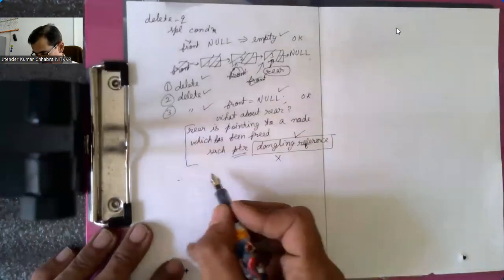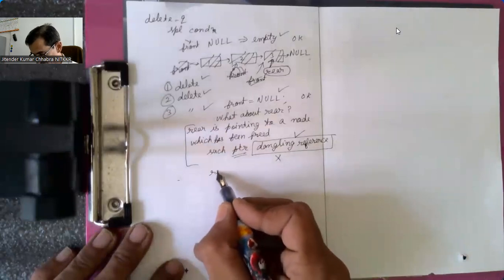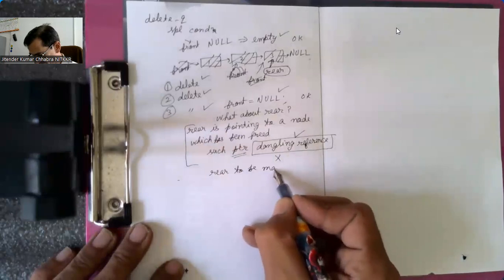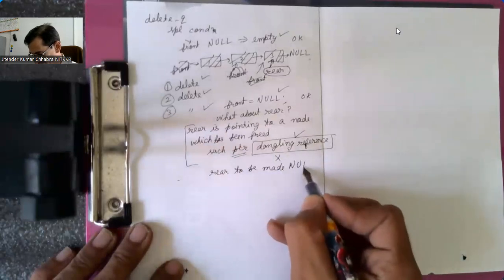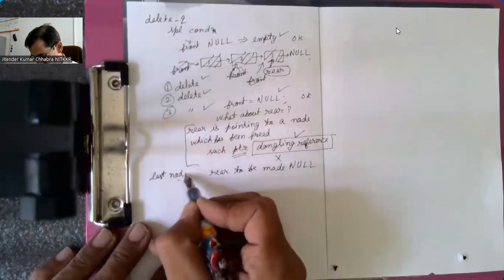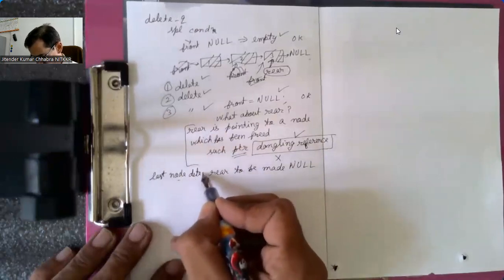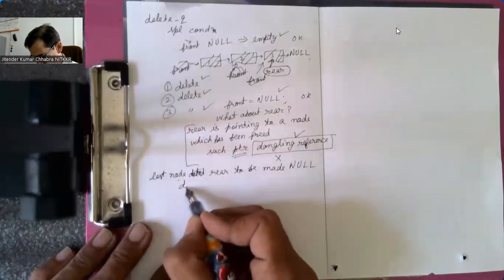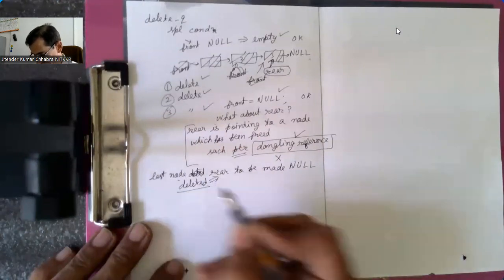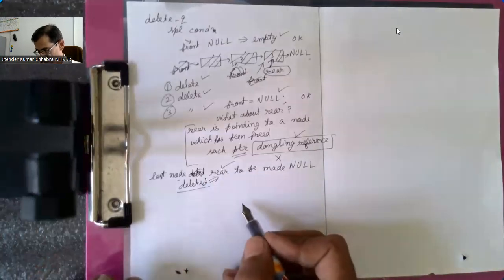So in case of a delete, my rear also has to be made null. If you have deleted the last node, then not only will the front change, rear also will change.